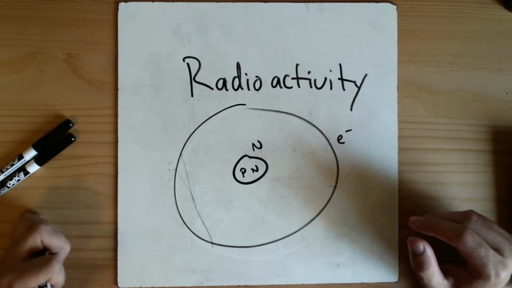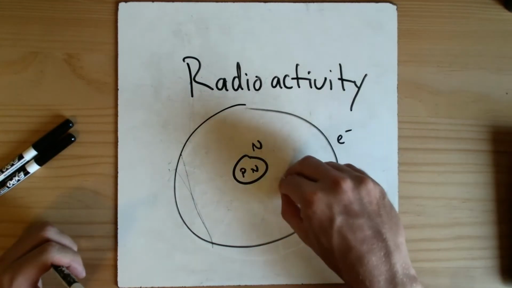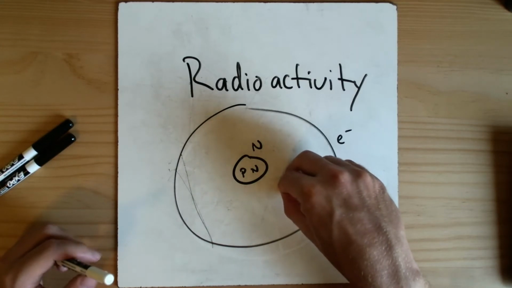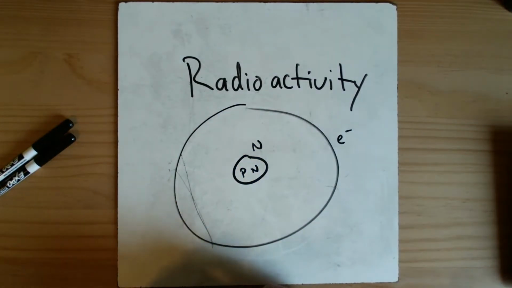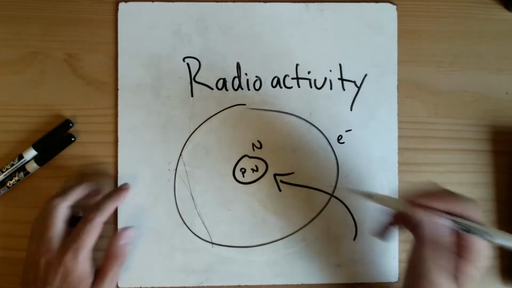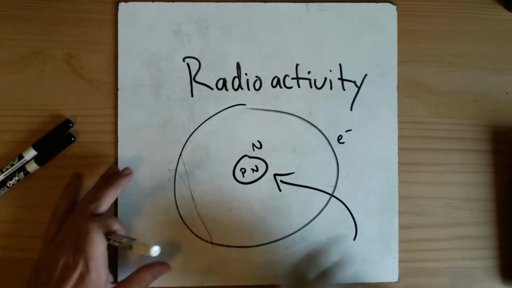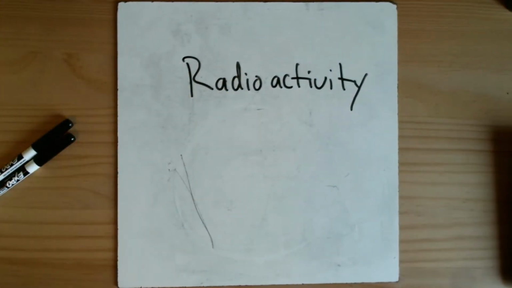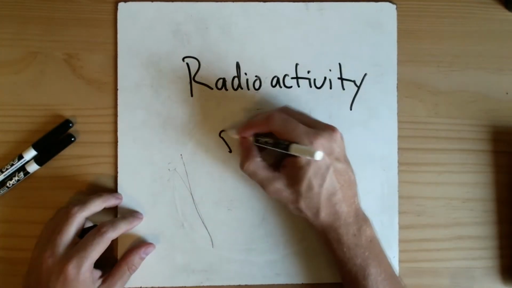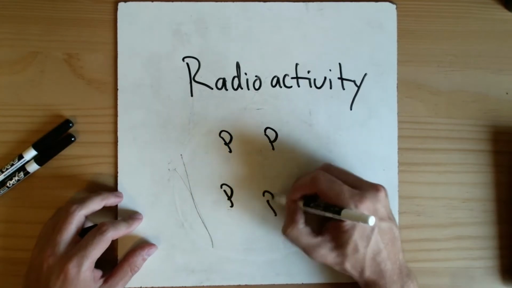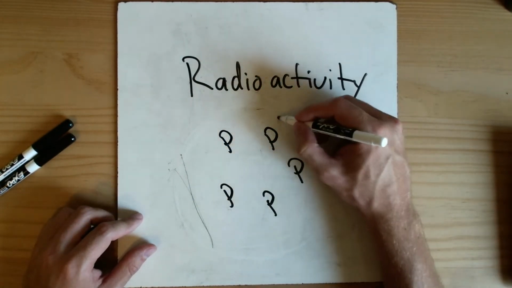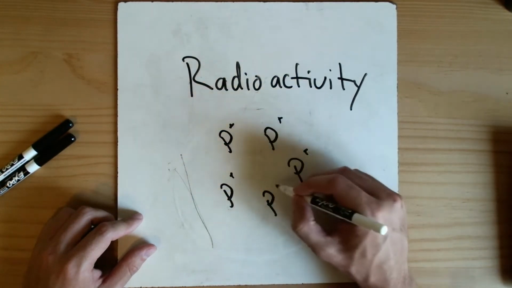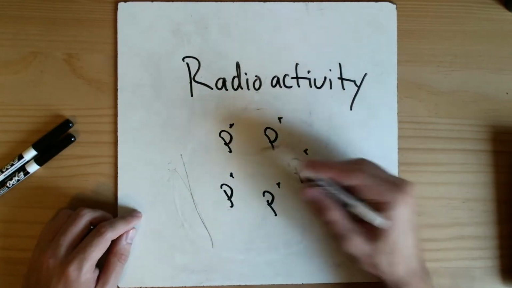Now, radioactivity is what happens when something like this begins to break down because it's unstable. And in order for us to figure out what makes something unstable, we have to really look at what's going on inside of the nucleus. So let's zoom into the nucleus just a little bit. If I have a nucleus, I might have a whole bunch of protons. In this case, I'm going to go with 5 protons here, and they're all inside of the nucleus.